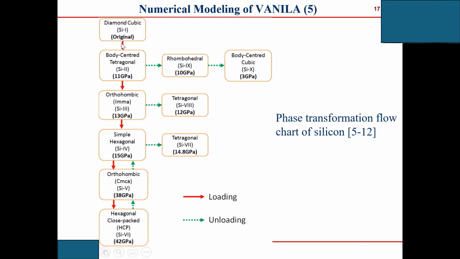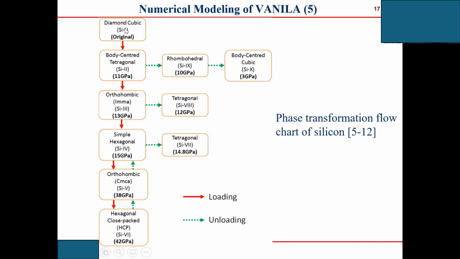So you can see for different pressures, they will have different phases. There are a lot of phases for silicon. Diamond cubic is the original one for the workpiece, then polycentered tetragonal at this condition, around 11 gigapascal, and this is also cubic. At 13 gigapascal, a simple hexagonal, and then at 15 gigapascal, we have silicon 4, silicon 3, silicon 2.